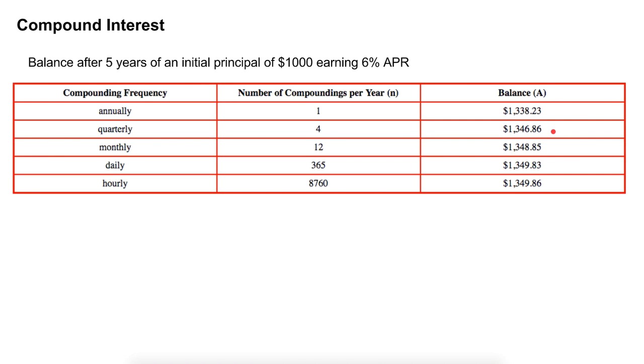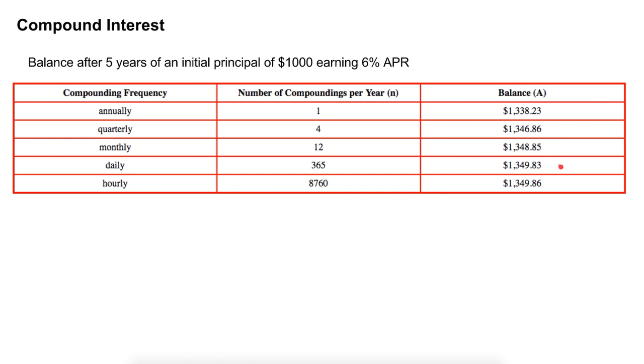So that's pretty good. Quarterly seems to be substantially better than annually. But what if we do monthly instead of quarterly? Well, look at that. We only increase our amount by $2. That's less substantial. We're not earning that much more money. If we go to daily, look, that's less than $1 more.